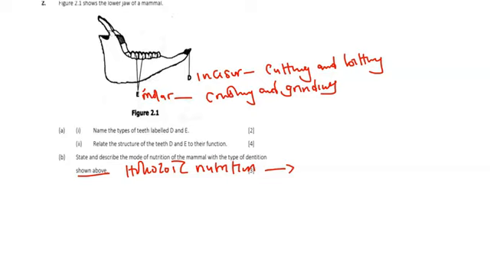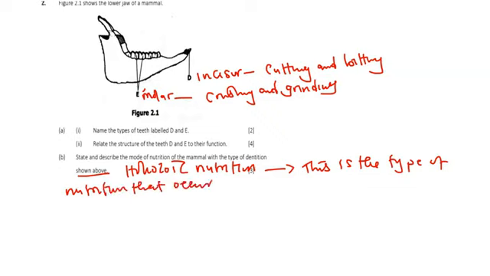Now in describing, you can say this is the type of nutrition that occurs in the tube called the alimentary canal.